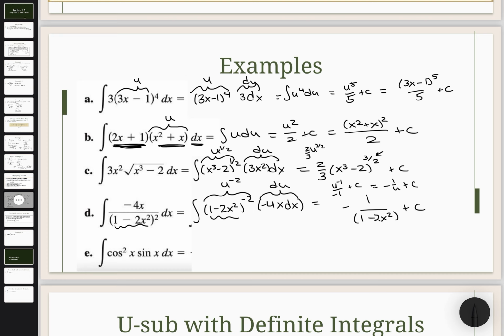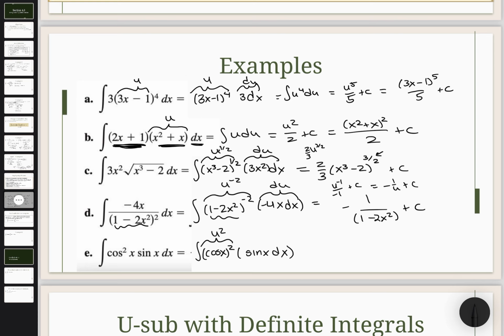So for this one, the signs get a little funky here. Our inside function is officially cosine for this one. So I want to think in terms of some negatives over here. So I'm going to rewrite it like this. So cosine x squared, that I would replace with u squared. And then I have sine x dx. Here's what we're going to do. I know the derivative of cosine is negative. So we said when we were missing like a constant, you could multiply and divide by that same constant.